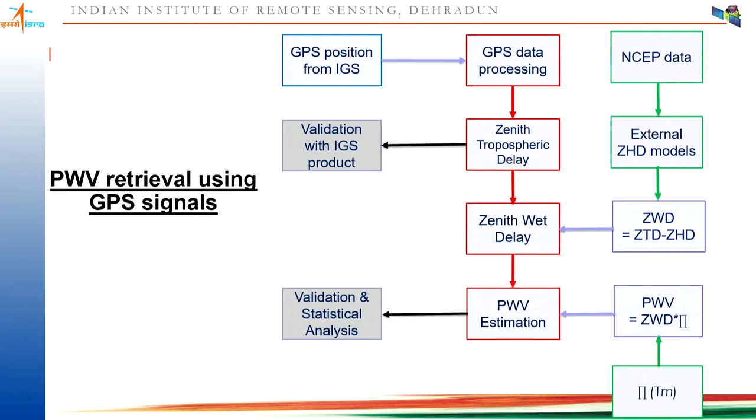That way we can define the PWV using the GPS data. And finally we can validate it using radiosonde data, or real-time data, or any satellite data. You can verify whatever products you have generated.